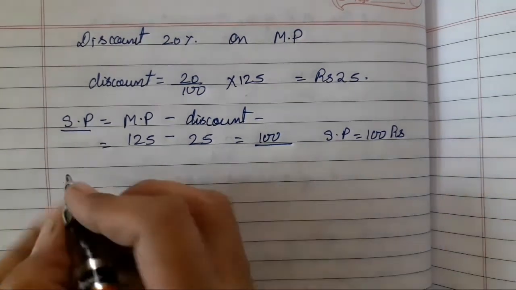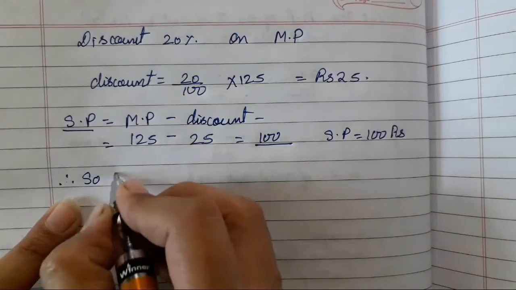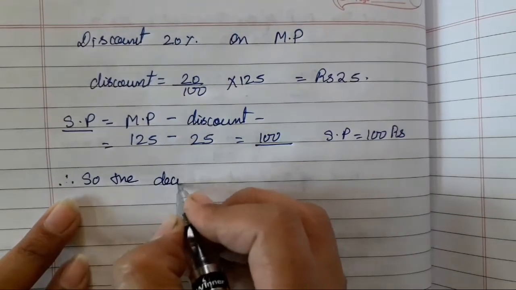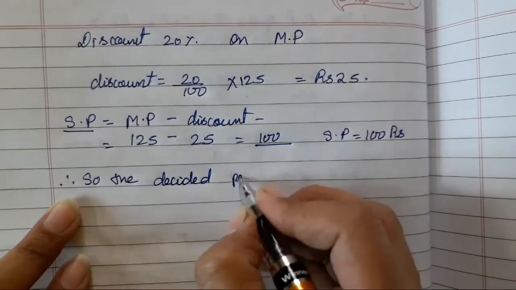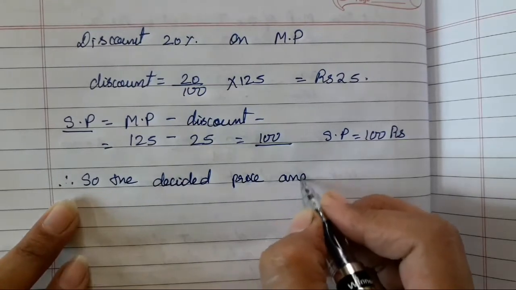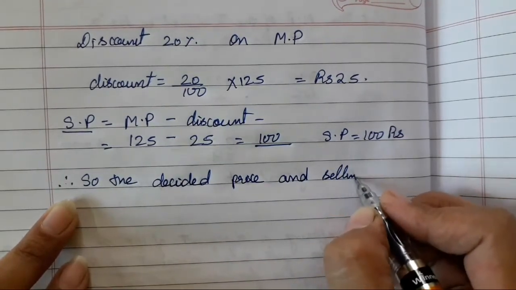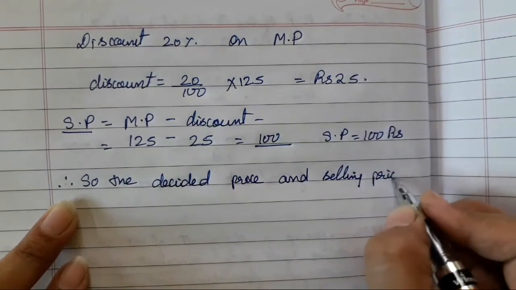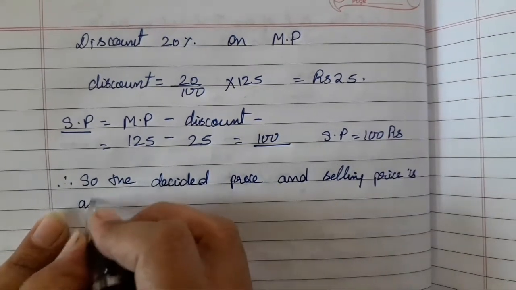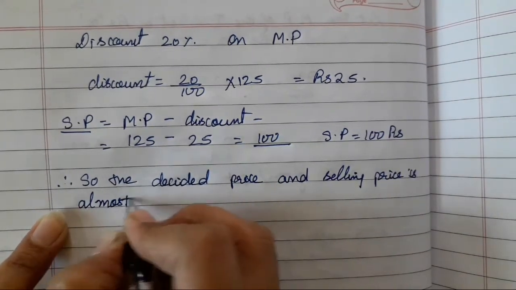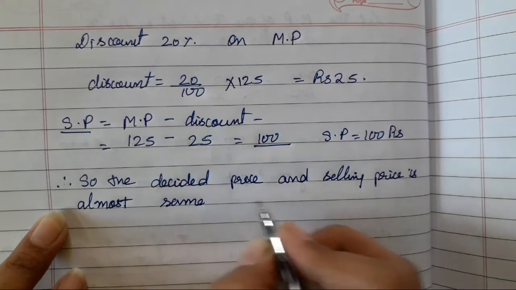Isn't it? How? See. So first write the sentence. Decided price and selling price is almost same. That is how much?